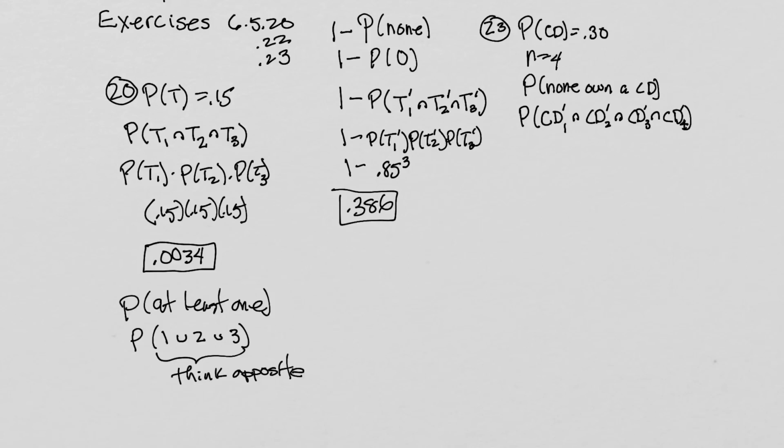Okay, now these are independent, so we're going to multiply these together. Back up here, the probability of owning a CD player is 0.3, so the probability of not owning a CD player must be 0.70. So down here, we're going to multiply these. We're going to have 0.70 to the fourth, and that comes out to 0.2401.